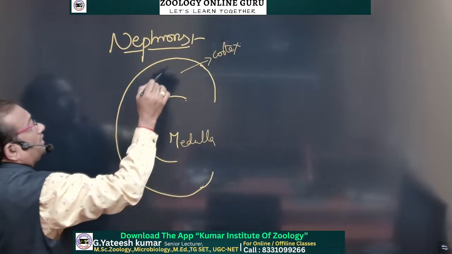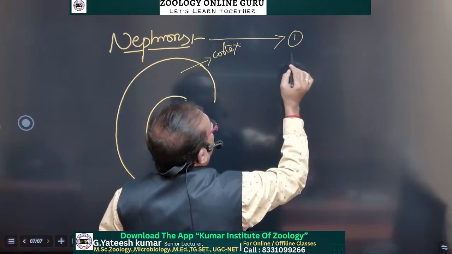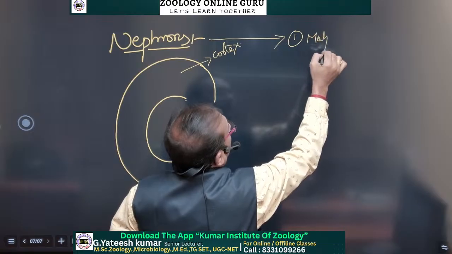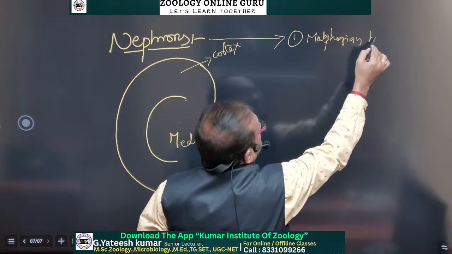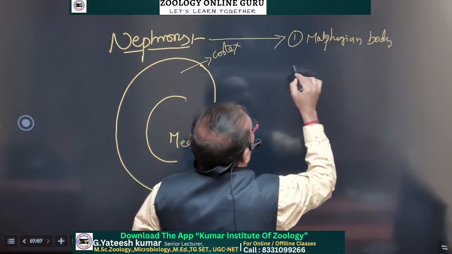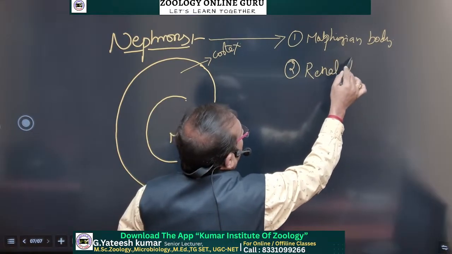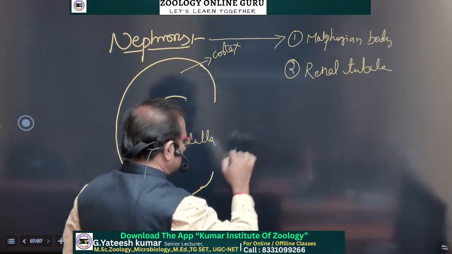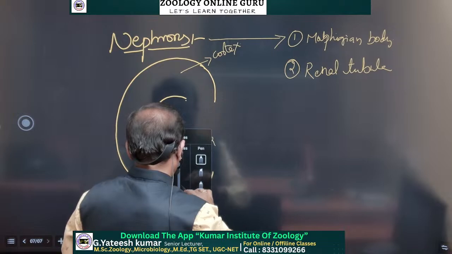Each nephron is with Malphizian body, and the second one is renal tubule. To understand this, I am drawing a single nephron structure here.